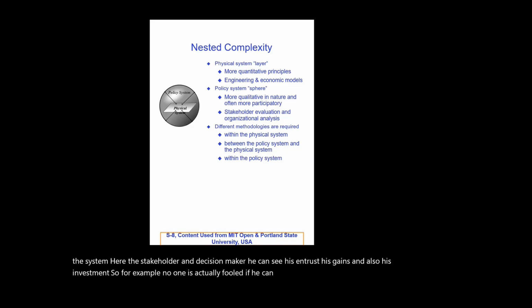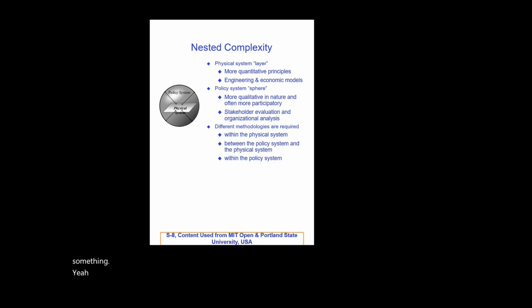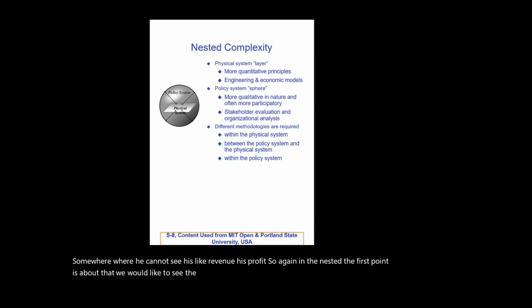A businessman will never invest somewhere where he cannot see his revenue, his profit. So again, in the nested, the first point is that when we would like to see the physical system, we would like to see how different quantitative principles and engineering economics models are basically functioning.